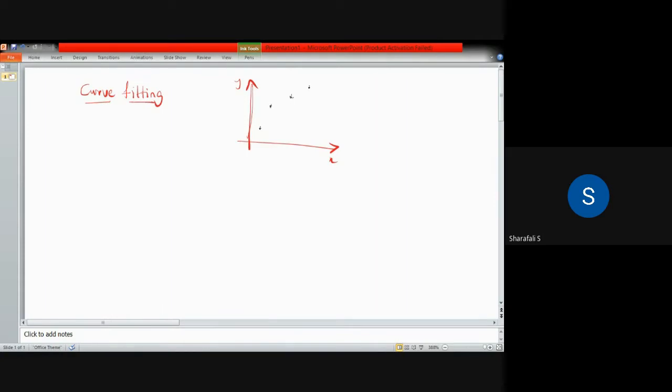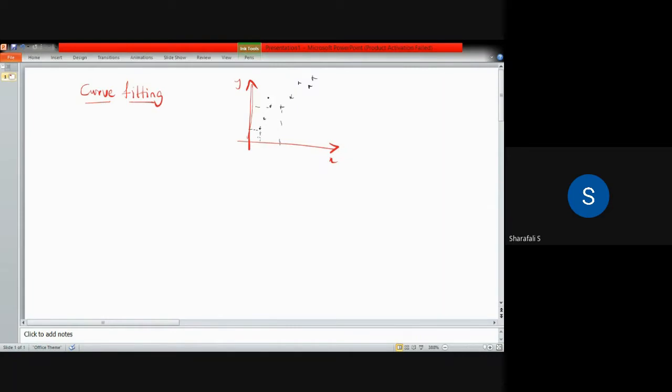For different values of x, we have different values of y. You can see here this is the x value, this is the corresponding y value, and so on.